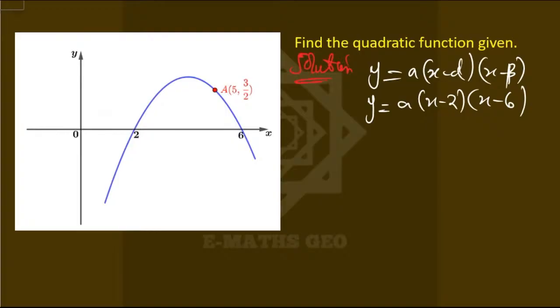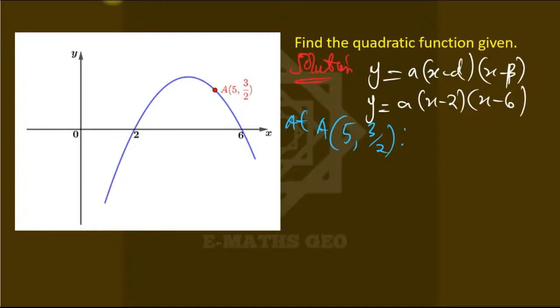At point A, the extra point given, what are the coordinates? (5, 3 over 2). That's x is 5, y is 3 over 2. Now we substitute x as 5 and y as 3 over 2 into our function.